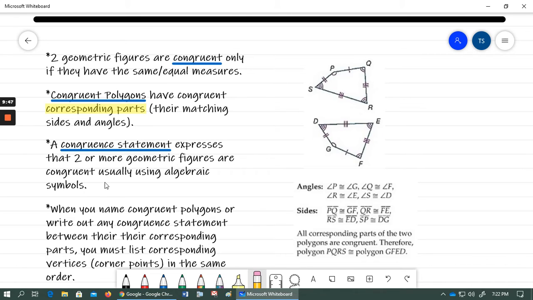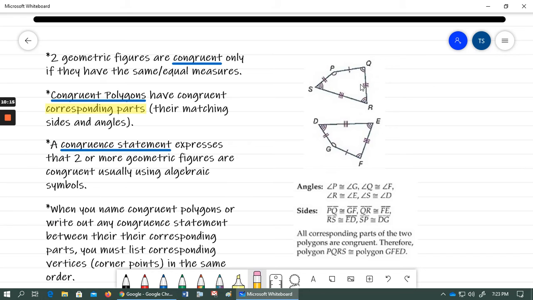Usually the congruent statement will use algebraic symbols, and it won't just be a verbal type of expression.